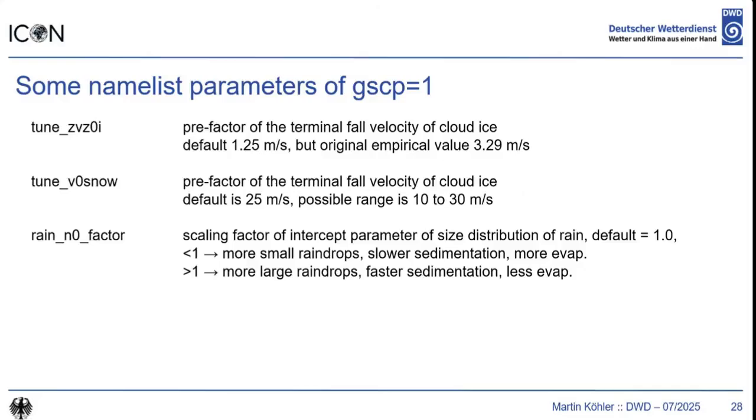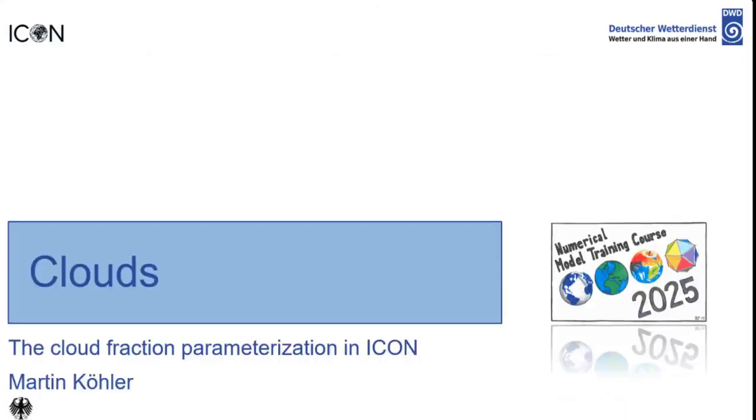You have a fall speed for snow, and you have some scaling factor for the intercept for raindrops. Okay, so we have multiple choices, and you can always ask which one is suitable for your option, but the most simple one for global is number 1, and for local areas, I use number 3, which is called the global scheme.